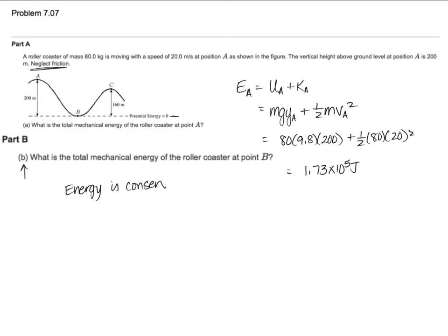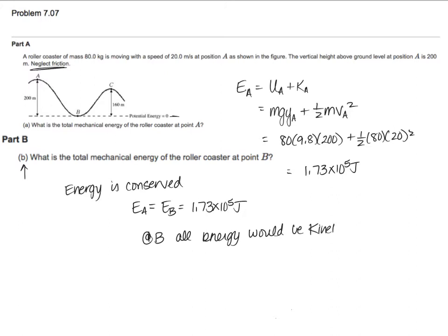That means that the amount of energy that the roller coaster had at point A is the same as the energy it has at point B. The only difference is when it gets to point B, all the energy would be kinetic. And that's because the height at B is 0.